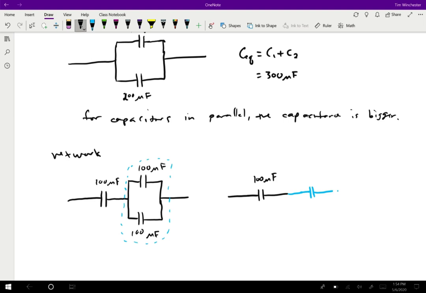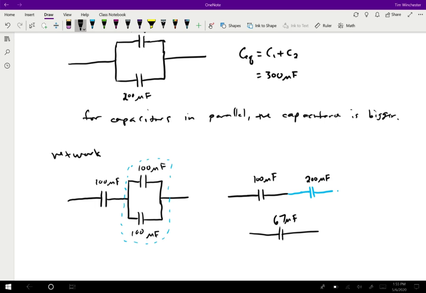Okay, so I have to figure out what that capacitance is. Well, if I have two capacitors that are in parallel, I can just add them together. So this is going to be a 200 microfarad equivalent capacitor. And now, when I want to add those together, I notice that these two are in series, and so my ultimate equivalent capacitance is going to be 100 and 200 in series, which I already did, so I know that comes out to 67 microfarads in that case.